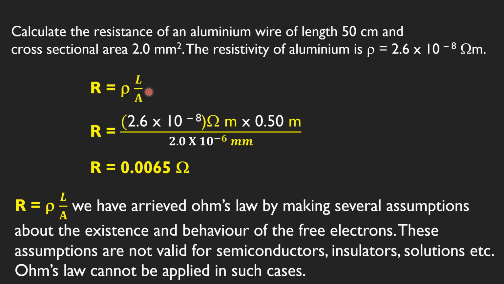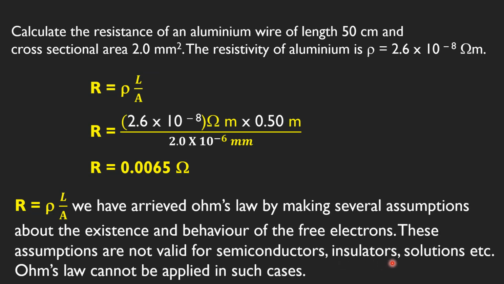So we have arrived at this equation of Ohm's law by making several assumptions about the existence and behavior of the free electrons. These assumptions are not valid for semiconductors, insulators and solutions, because in semiconductors we are going to concentrate also on the holes, which are also carriers of charge.